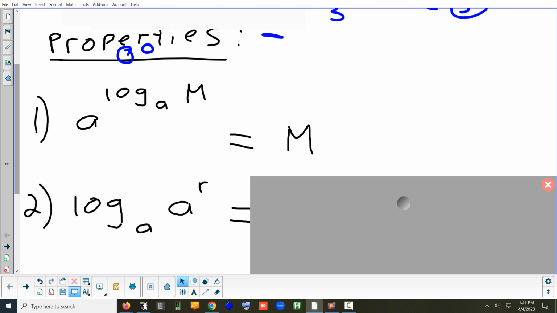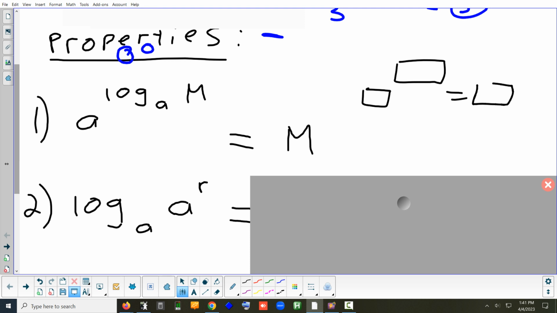So the first one was an exponential equation. The second one is a logarithm equation. And you might look at the first one and say, yeah, but the first one has log in it. Why is it exponential? Exponential is anything that looks like this. That is exponential. No matter what you put up here in the exponent, it's still exponential.